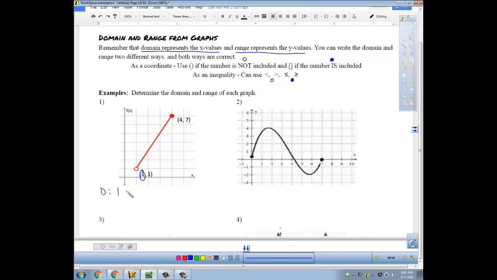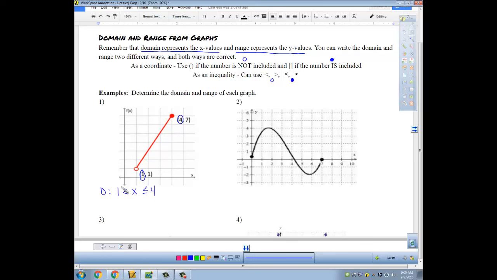So 1 is the smallest point, so 1 is less than. And then, since we're talking about x coordinates, because we're talking about domain, I'm going to put an x. And then my furthest to the right point was 4. That was a closed circle. Since all of my other points are less than 4, it's to the left of 4, I'm going to use less than or equal to, since it was closed, and 4.